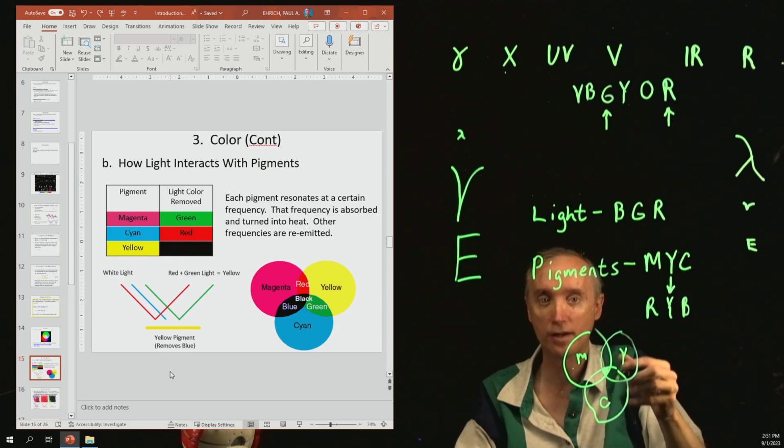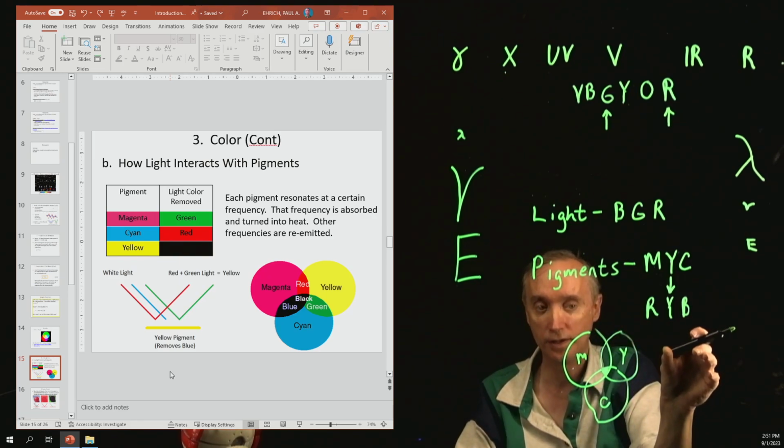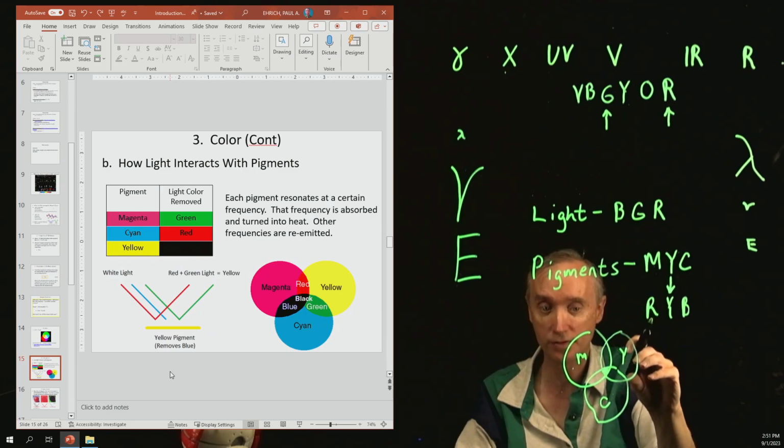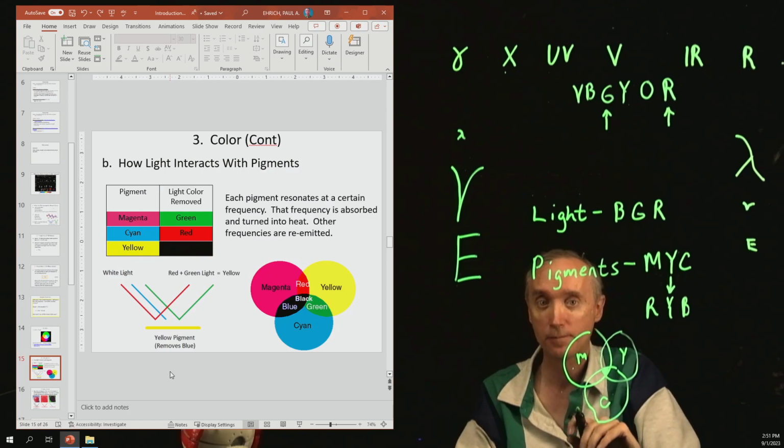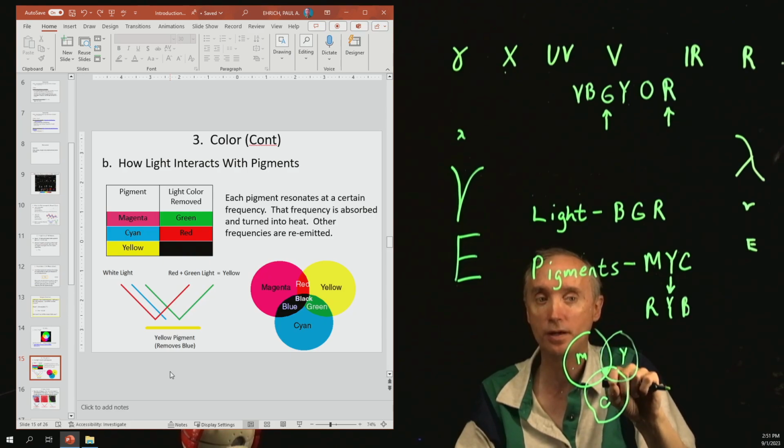So if you've got a piece of paper that is magenta in color, so that its pigments are in that piece of paper, and you shine green light on it, that green light will be absorbed by the piece of paper and it will be turned into heat.